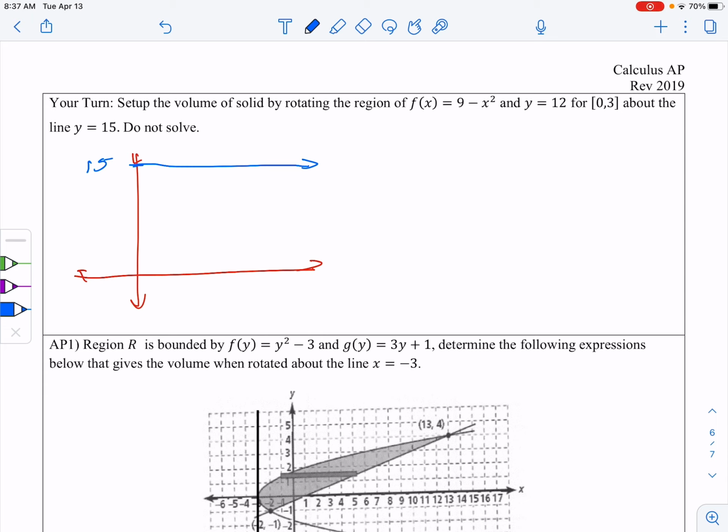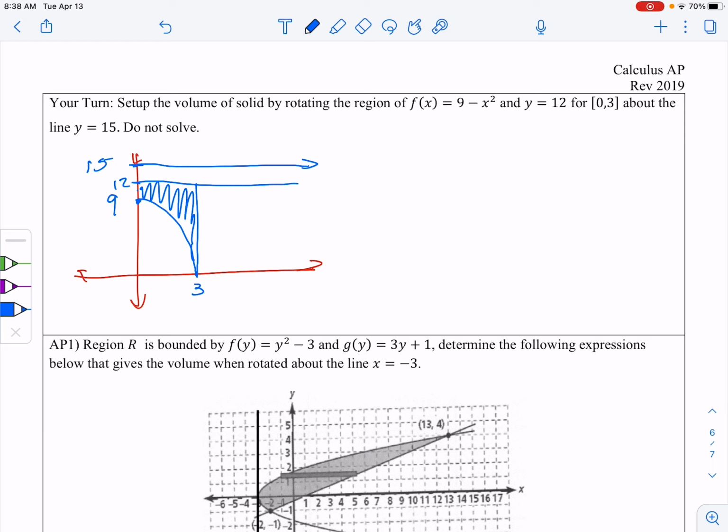I have 9 minus x squared, so this is 9 here. This is 3. And y equals 12. Ooh, this is interesting. So here's y equals 12, from 0 to 3. So they're talking about this area right here.